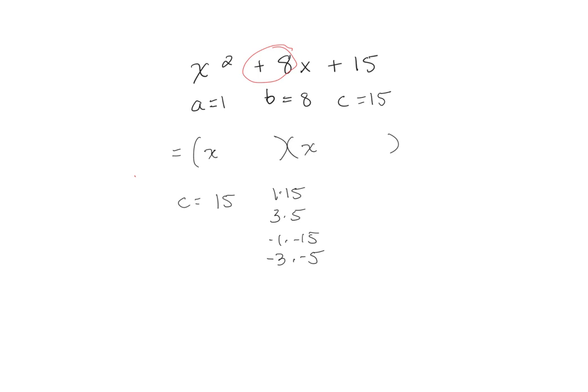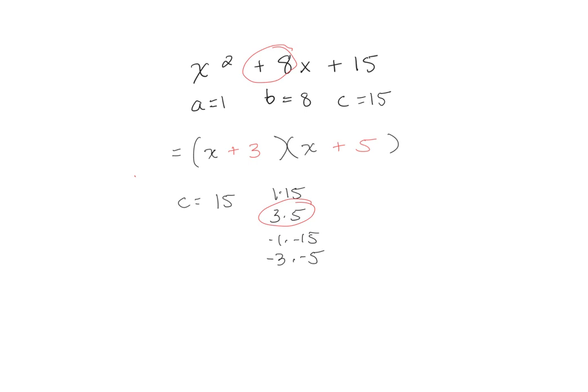That's 8. What factors add up to 8? The 3 and the 5. So that's going to be a 3 here and a 5 here. I can write that in any order: x plus 5 times x plus 3, or x plus 3 times x plus 5. That's what x squared plus 8x plus 15 equals.